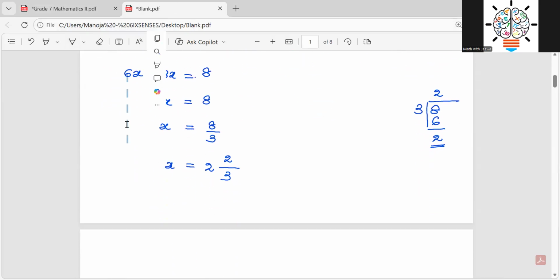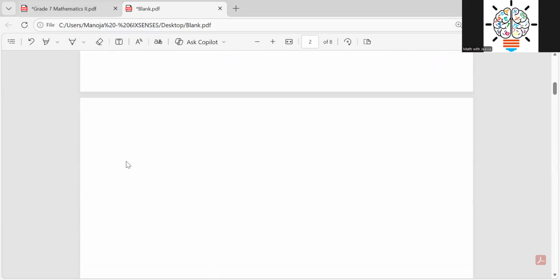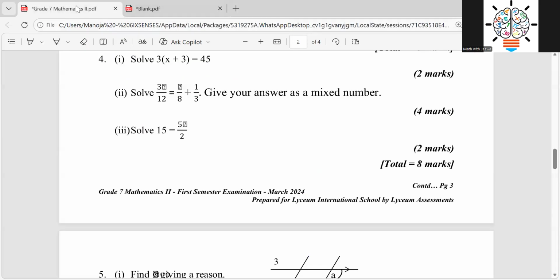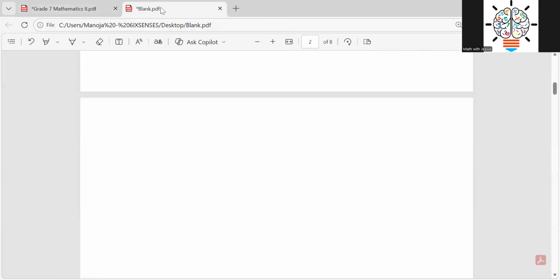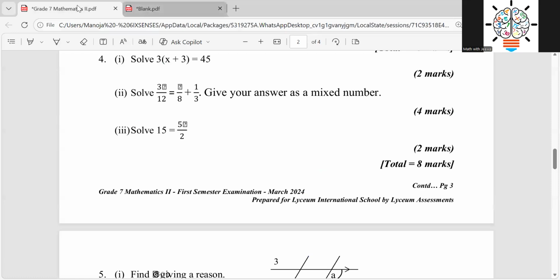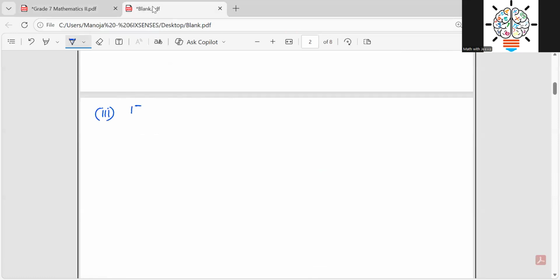Then we will move to the next part, Roman number 3. You have 15 equal to 5x over 2. So then the division by 2 I bring to the other side as multiplication.